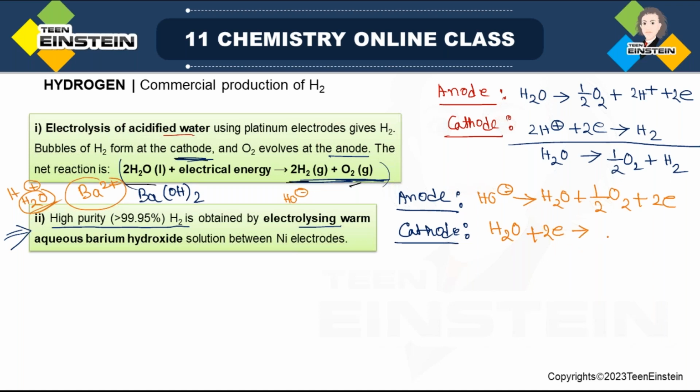It is H2O that will accept electron, and it will be converted to one hydroxide ion and half hydrogen. Now if you add these, electron cancelled, these two are also cancelled. Ultimately you will get the equation, which is, sorry, 1 minute.